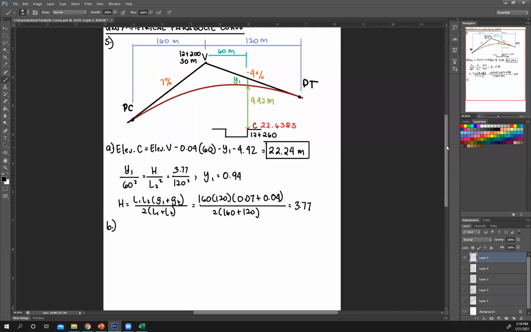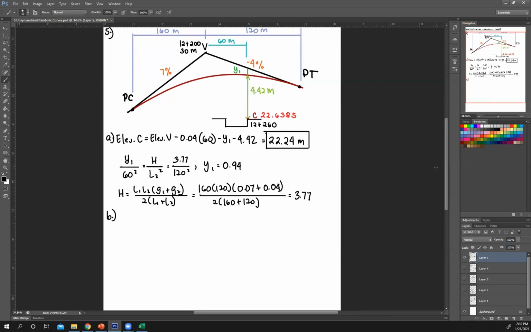Okay. So to get L2, we're just going to reverse engineer this. We're going to start with this elevation, then subtract this clearance, which is constant. We're going to solve for Y2. And when you get Y2, you're going to get H, and then L2. Okay?